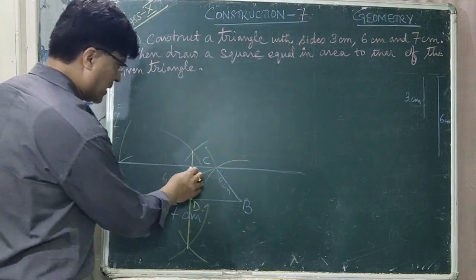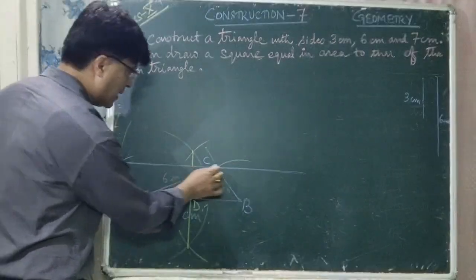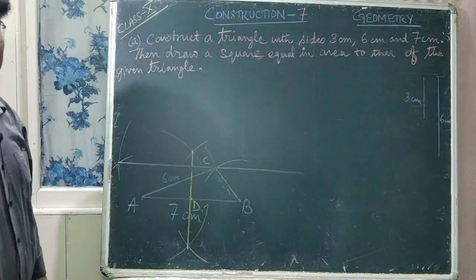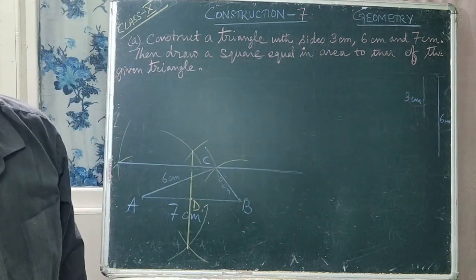So this is the straight line. So this is the straight line through the point C, which is parallel to AB. I think you have understood it.